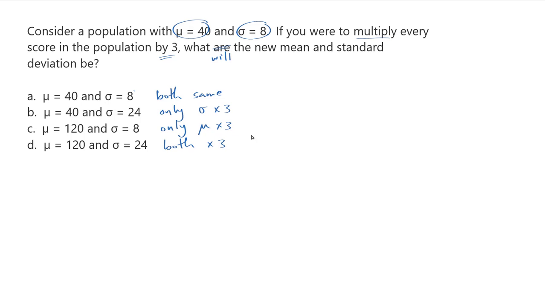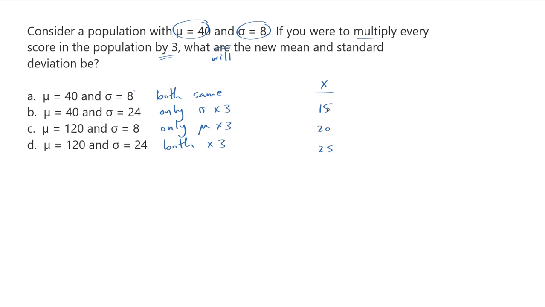Well, we know from the previous example that anything that you do to your scores, the mean will be affected. Let me give you, again, a simple example. Let's say that I've got some scores. Let's say one person makes $15 an hour. The next person makes $20 an hour, and the next person you ask turns out to make $25 an hour.